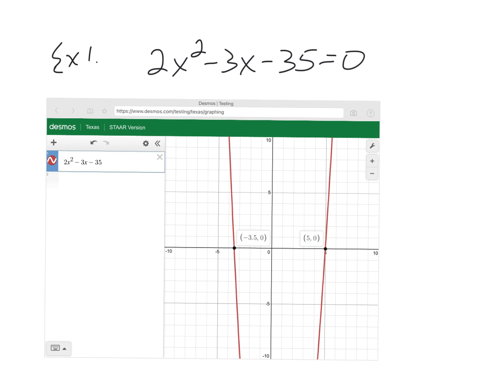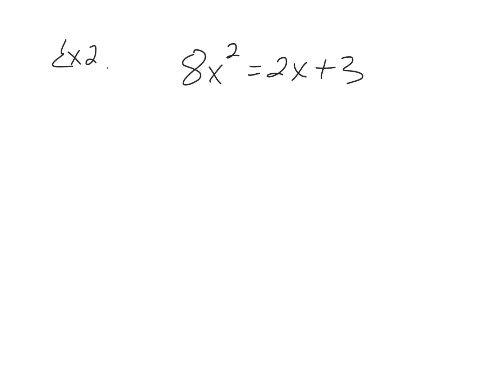Let's take a look at another example. In this equation, we have 8x squared equals 2x plus 3. Now, I need to get all my terms together on the same side of the equal sign, or another way of saying that is to set this equation equal to 0. You can move this term over or you can move these two terms over.